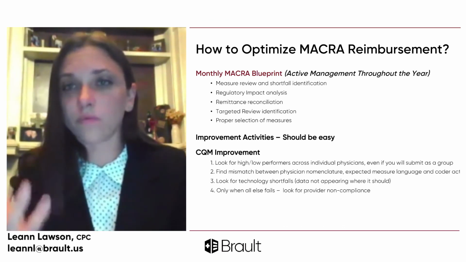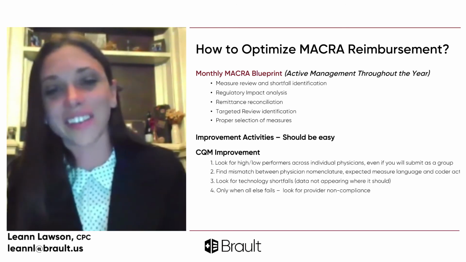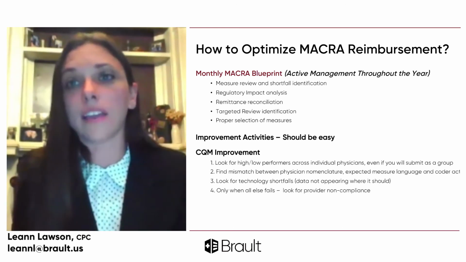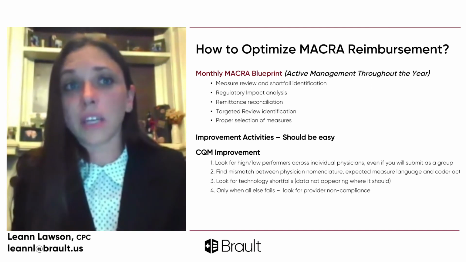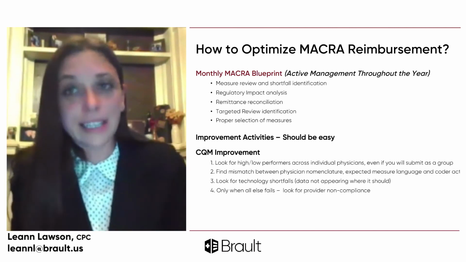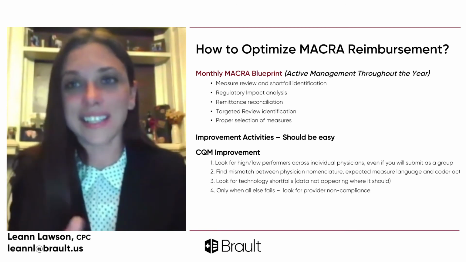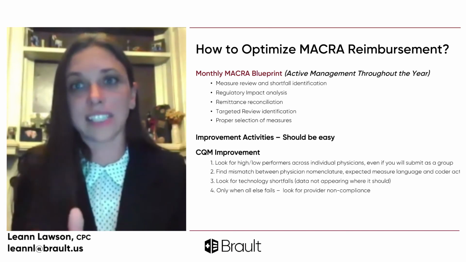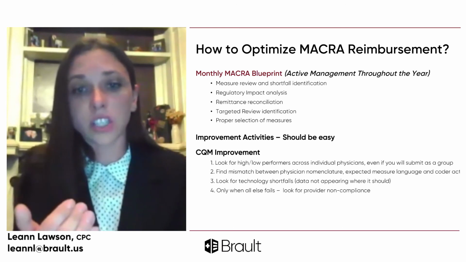And of course, when all else fails and we can't find those differences and everything else, we're going to look for providers that are just maybe not compliant. They're not using the education and the resources that they've been given to meet those measures. So they're not saying that the reason I gave an antibiotic is because I suspected it was bacterial. Just things like that would really help optimize, as we've seen in the financial impact and discussed this entire session.